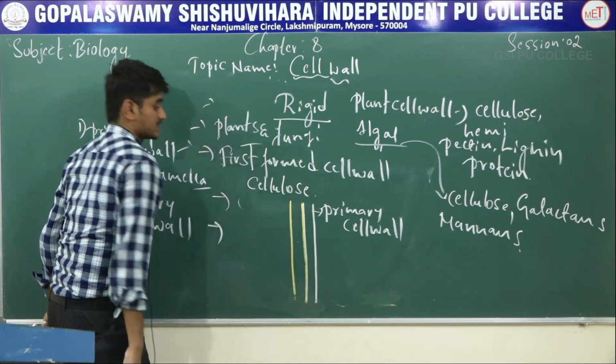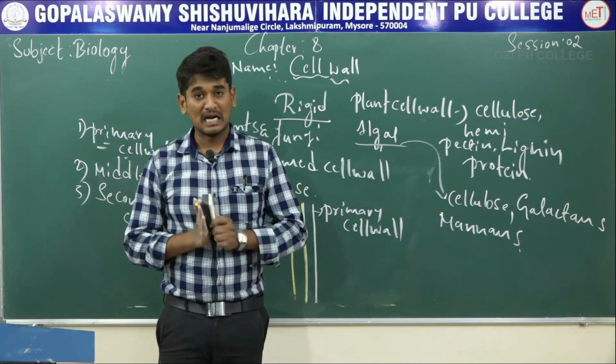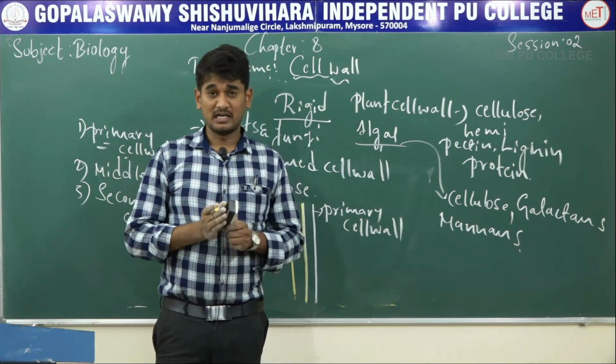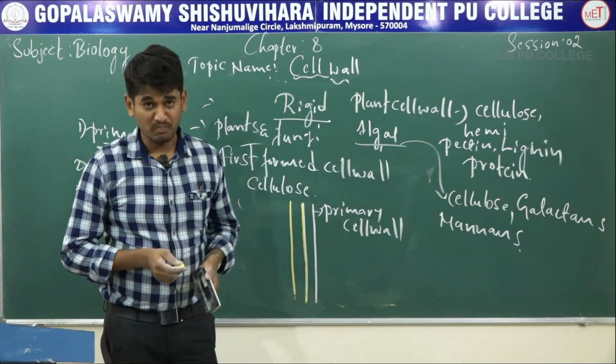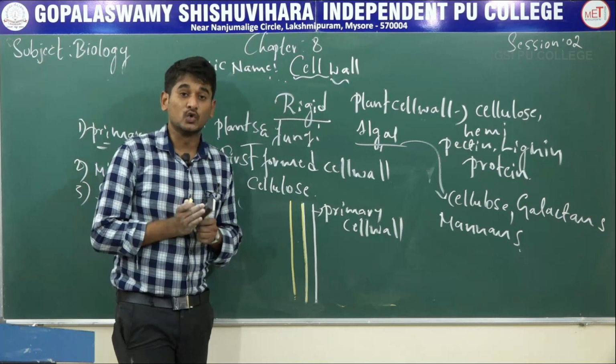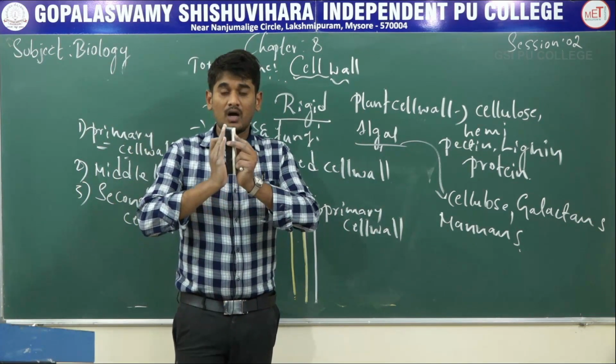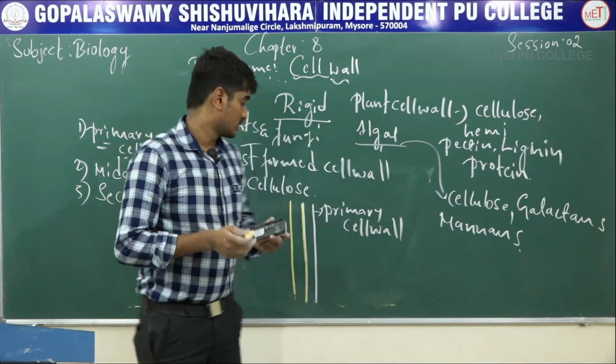the junction between two cells. If there are two cells, in between them is the middle lamella. That middle lamella is made up of calcium pectate or magnesium pectate, which acts as glue, which helps in attachment between cells. Okay, yes.